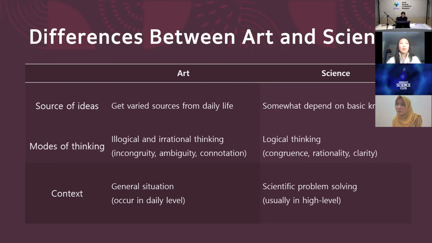Moreover, even though our works are made in more general situations, scientific creativity is facilitated in a specific problem-solving situation. To summarize, artistic and scientific creativity share similar features, such as divergent thinking abilities and affective skills, but there is a distinct difference in their aims.